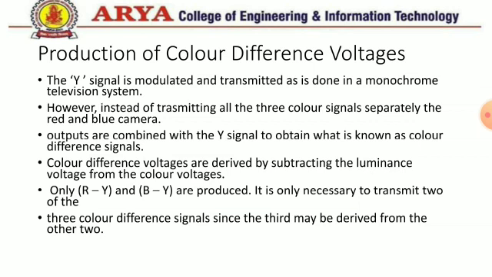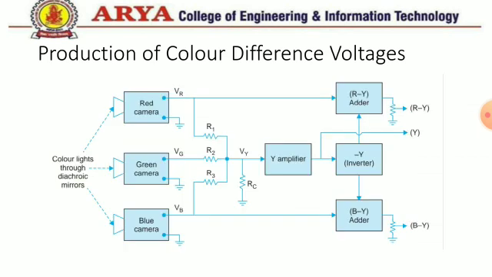It is only necessary to transmit two of the three color difference signals, since the third may be derived from the other two. This is the figure showing production of color difference voltages. The voltage Vg obtained from the resistance matrix is low because Rc is chosen to be small to avoid crosstalk.